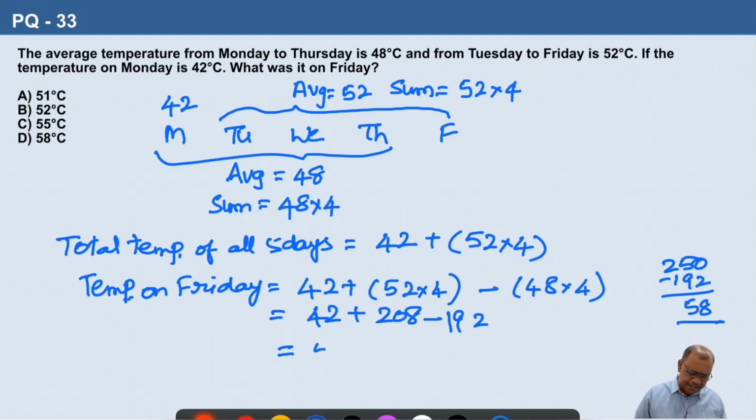So 58 degrees centigrade is the temperature on Friday. So the correct answer is option D.